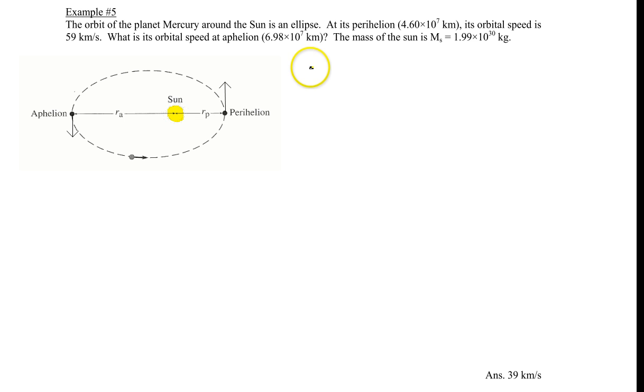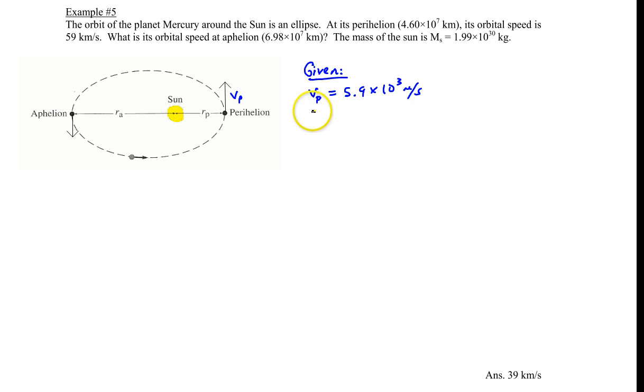So let's label the given information. We're given the velocity at perihelion right here, which is 5.9 times 10 to the power of 4 meters per second. I'm converting this from kilometers per second to meters per second because our gravitational constant is in meters, kilograms and seconds.